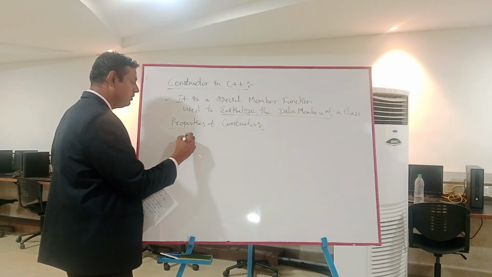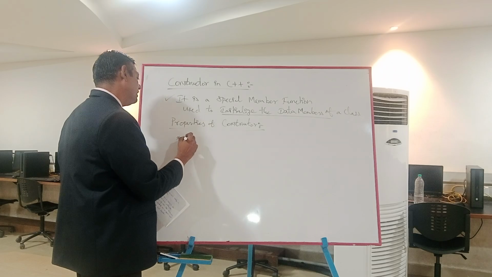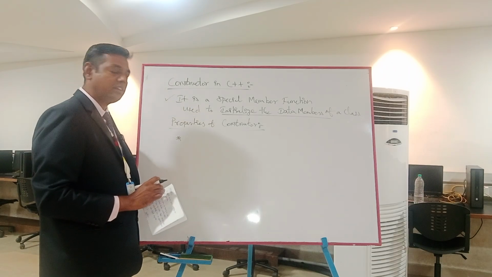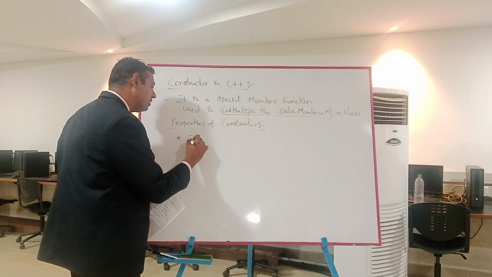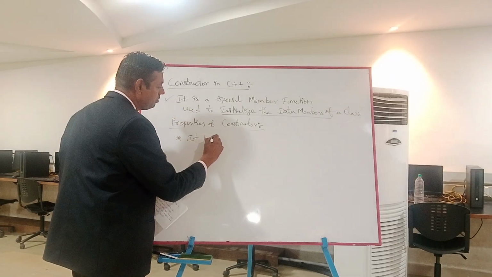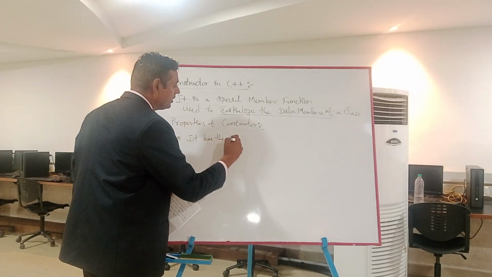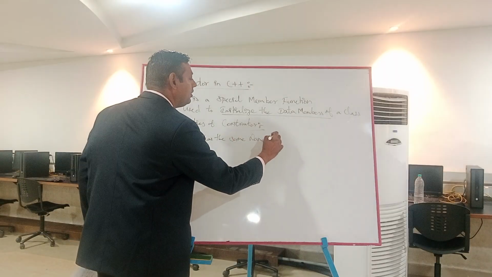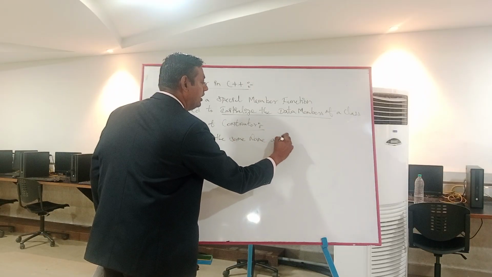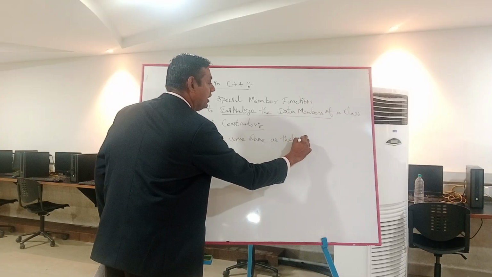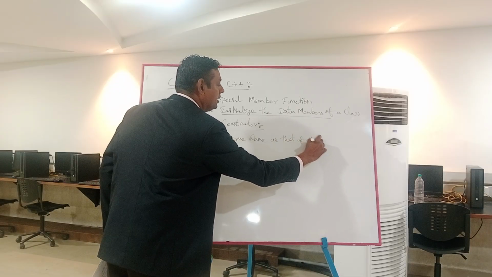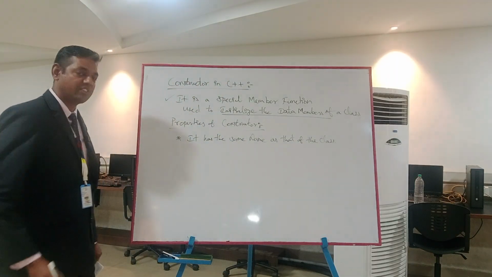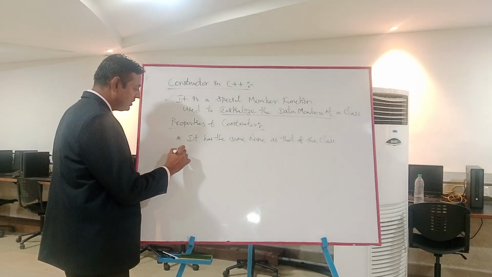The first property is that the constructor looks like the class: it has the same name as that of the class. The constructor name exactly matches the class name.